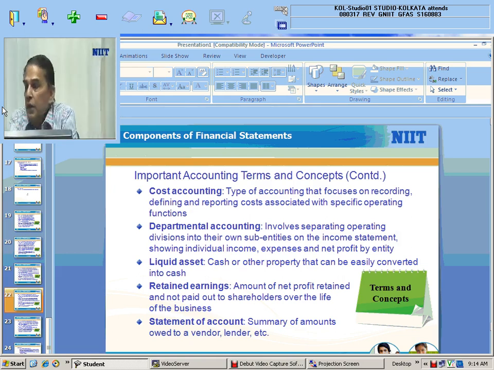This is a very detailed kind of accounting, required for determining the cost of various operating functions, and the focus is on recording, defining and reporting costs associated with different specific operating functions. That is what cost accountants do.